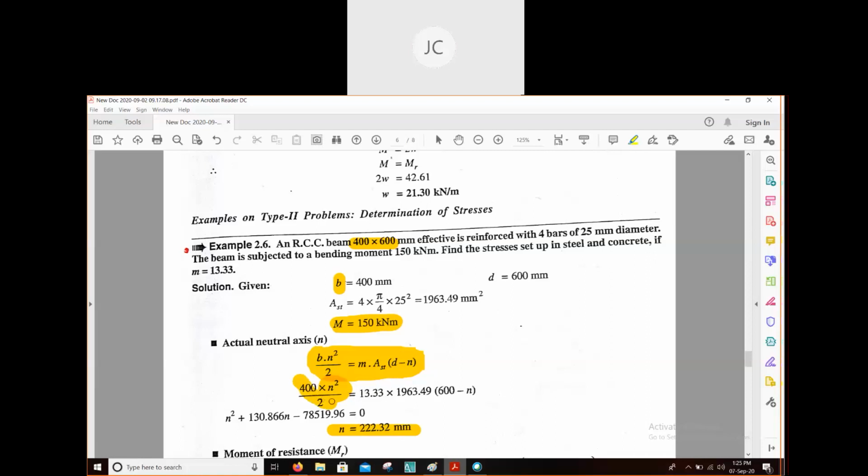I hope all of you can solve this. It is a very simple equation, and your calculator will also give you the answer directly.